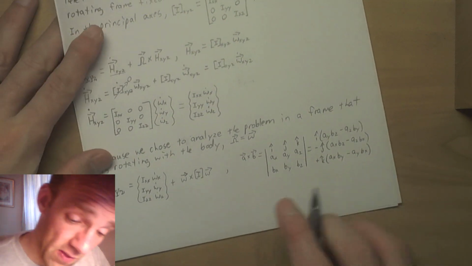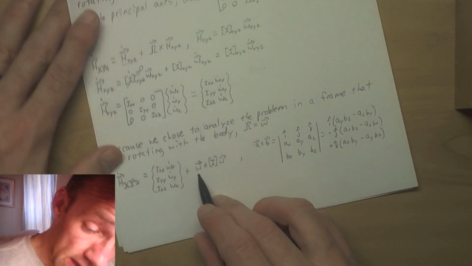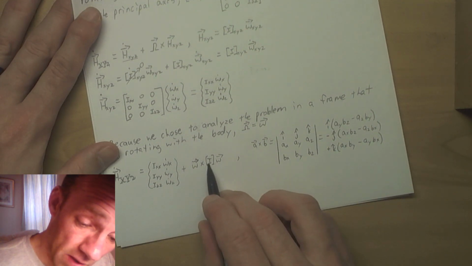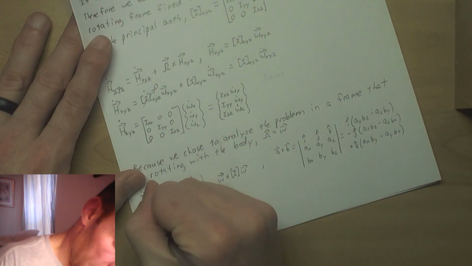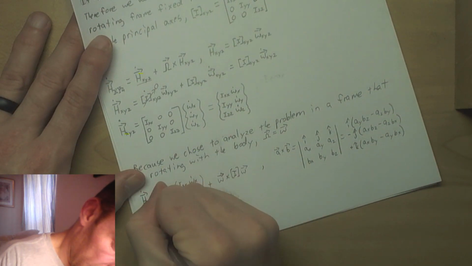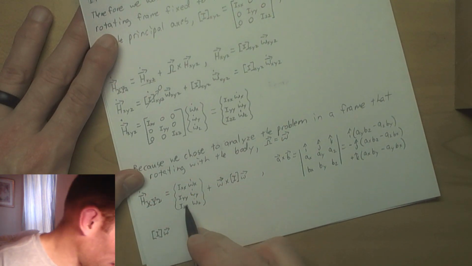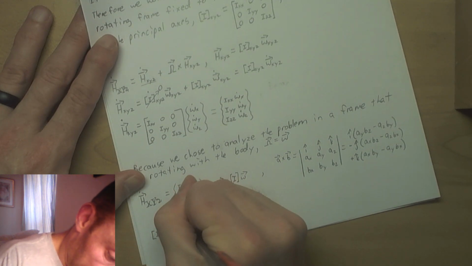So in this case, A would be omega, and B would be this product of the inertia tensor. So first, let's compute what that is. We've kind of already done that. It's just going to look just like this without dots.